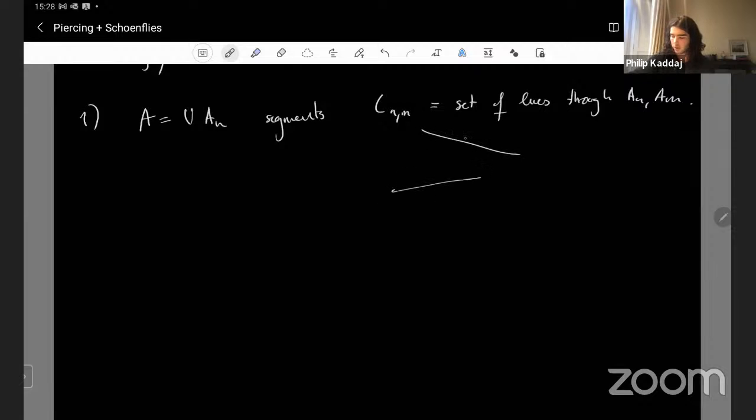We take one point on AN and one point on AM, and we consider the set of lines that go through them. This is a 3-dimensional affine subspace. And a countable union of 3-dimensional subspaces cannot cover Rn for n greater or equal to 4, by Baire category theorem, for example. So such a line exists.